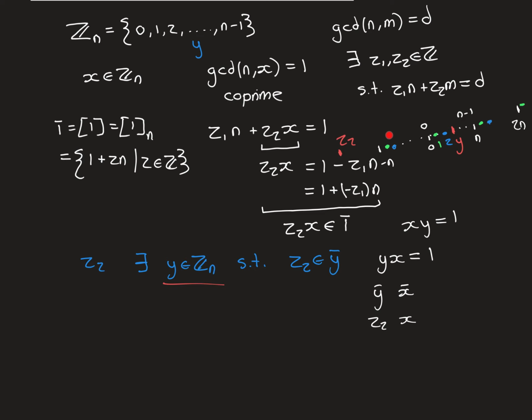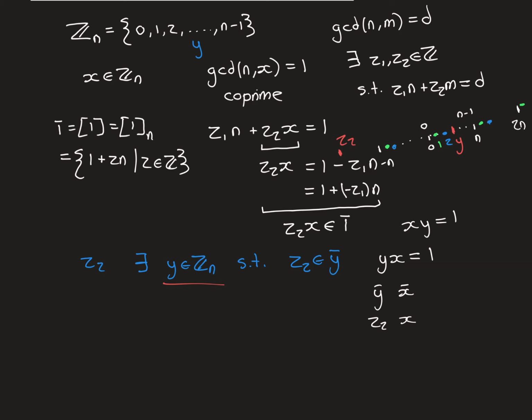And just before we move on, let me emphasize that the incredible thing about the ring of integers modulo n that makes all of this possible is the fact that addition and multiplication are well defined. So whatever two representatives you pick from the two congruence classes, for instance if we're multiplying y and x, whatever representative you pick from the y congruence class and whatever representative you pick from the x congruence class, when you multiply the two representatives together in the integers, you'll get a different answer depending on which representatives you pick.